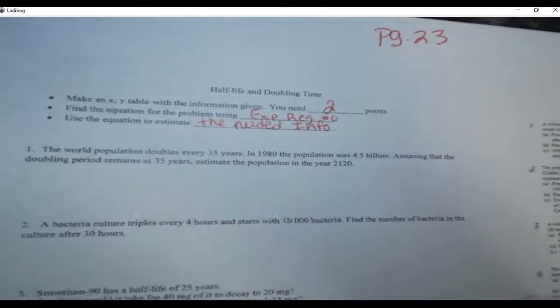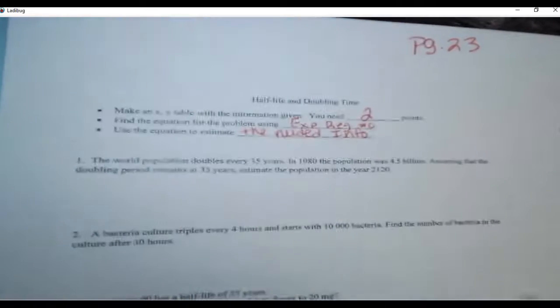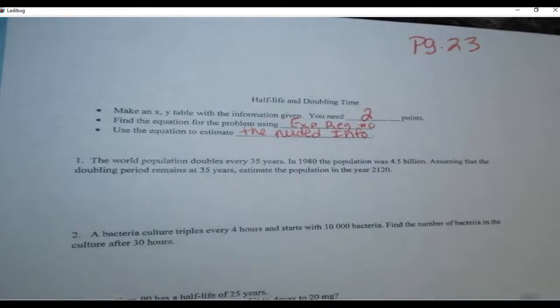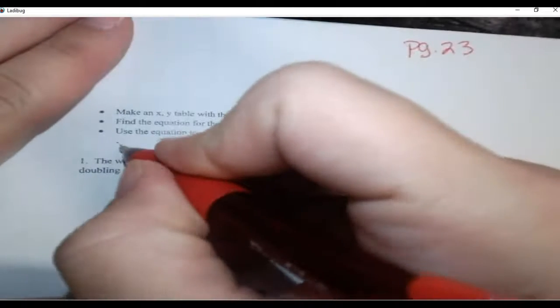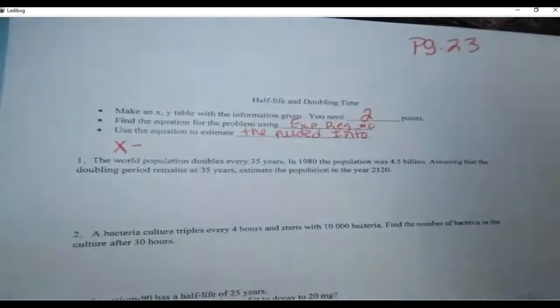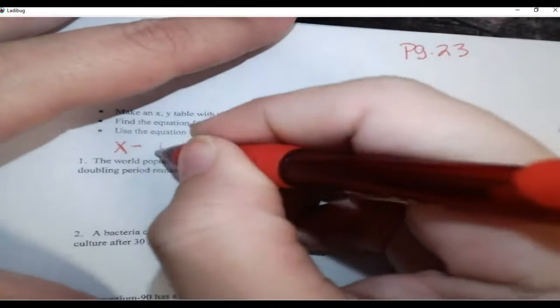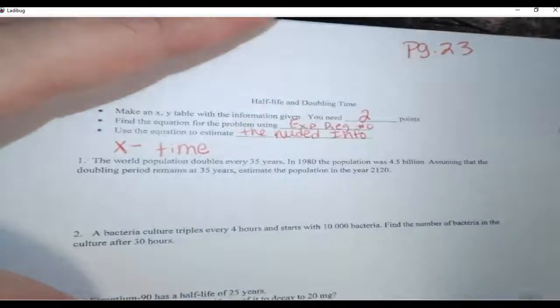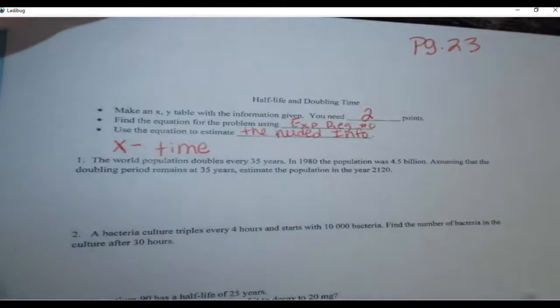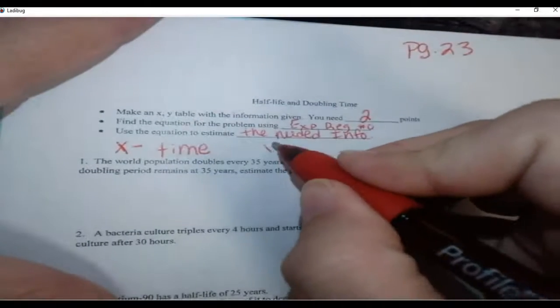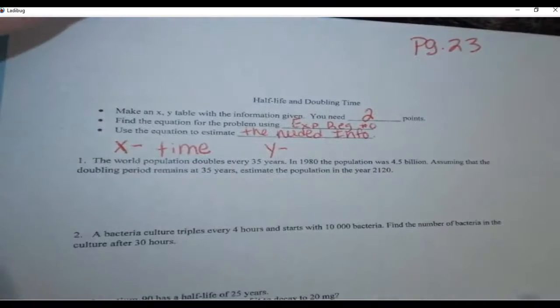So the first thing that you have to decide in these problems is what are your x values and what are your y values. So your x values are always the independent variables, and so in these problems that's usually time. So x is our time and y is the number of whatever we're talking about.